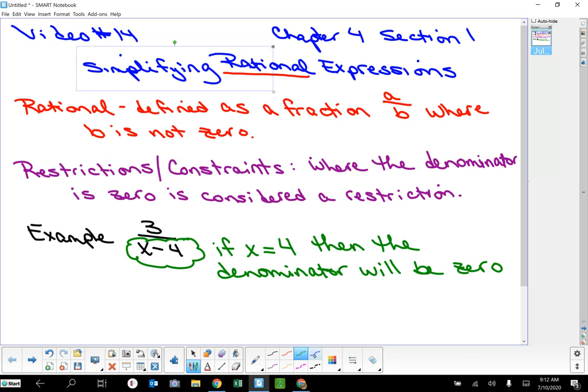Right? So we can actually find that by setting the denominator equal to 0 if it's something that you're unsure of, and solve for x. And so our answer now is x can be anything except that value.